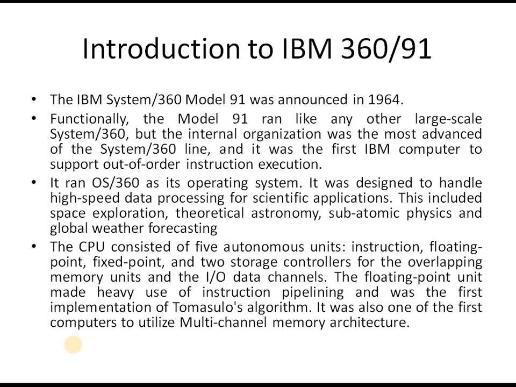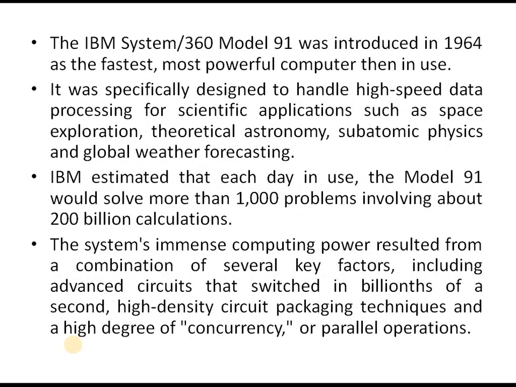The floating point unit made heavy use of instruction pipelining and was the first implementation of Tomasulo's algorithm. It was also one of the first computers to realize multi-channel memory architecture.